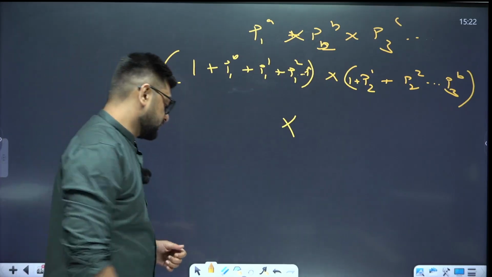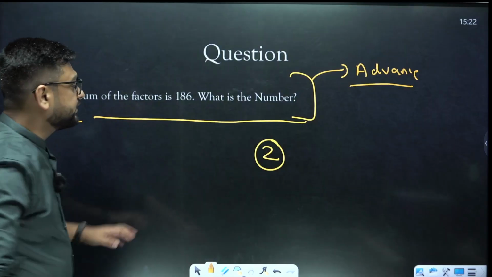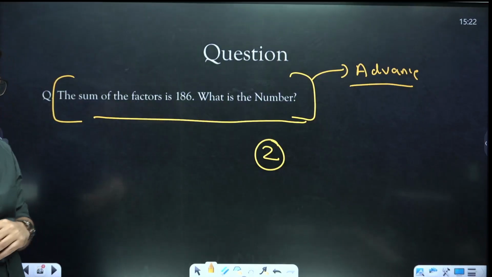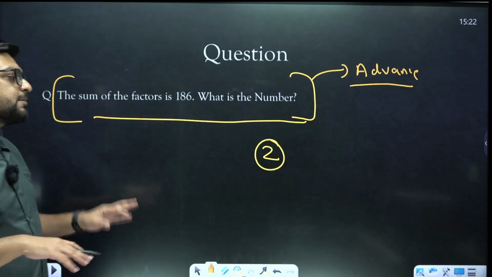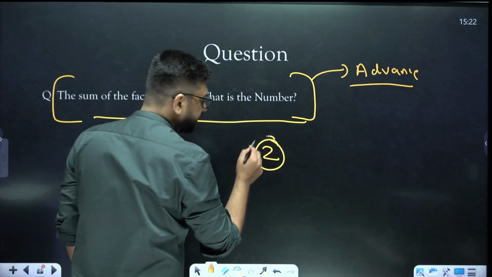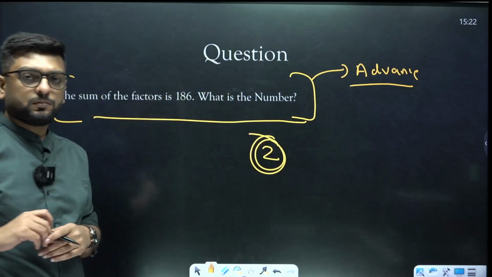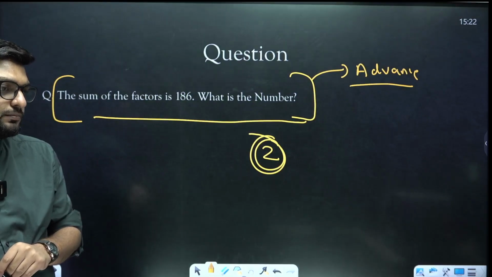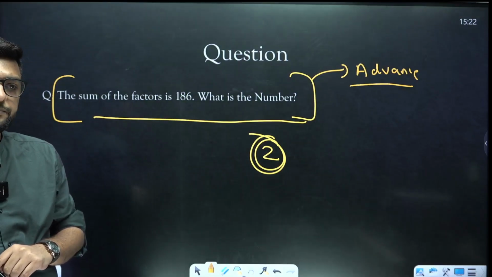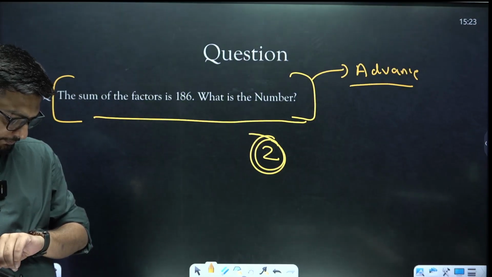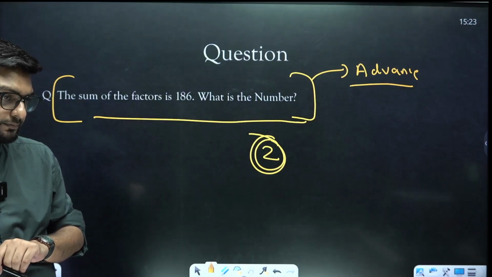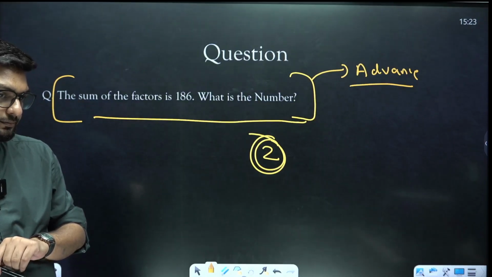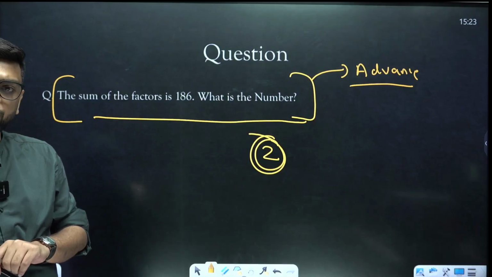So what the question says is that the sum of the factors is 186. By any chance, can the sum of the factors become 2? Anyone? No, it cannot become 2.